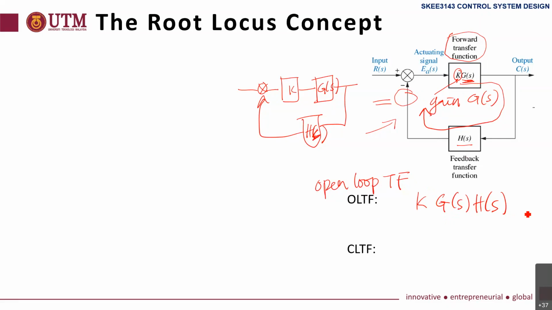And the closed loop transfer function is obtained, of course, you learned block diagram reduction in the previous course. It is actually K G(s) over 1 plus K G(s) H(s).